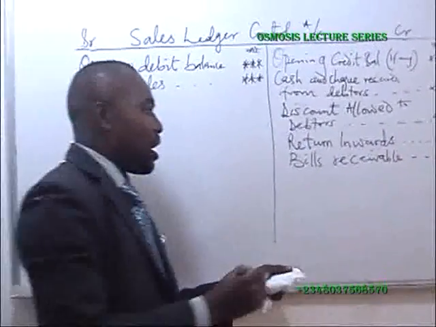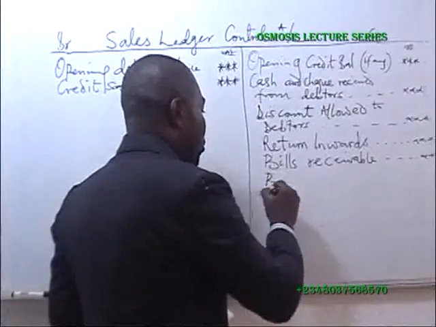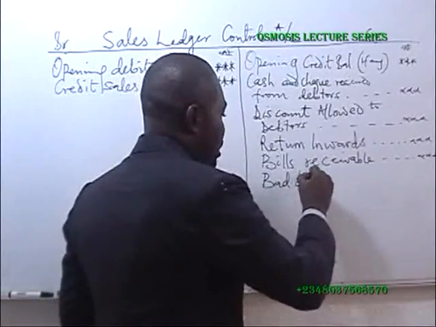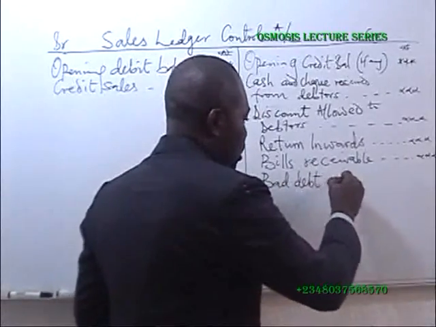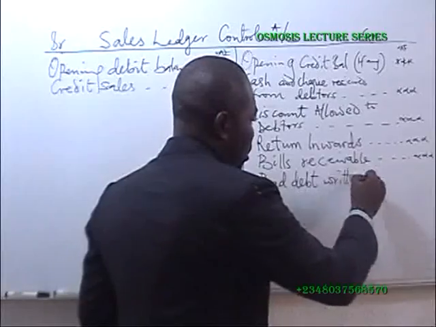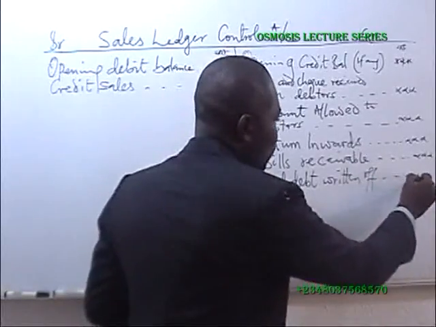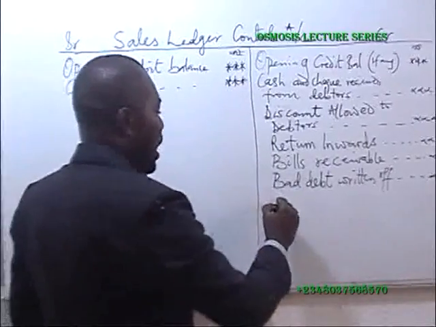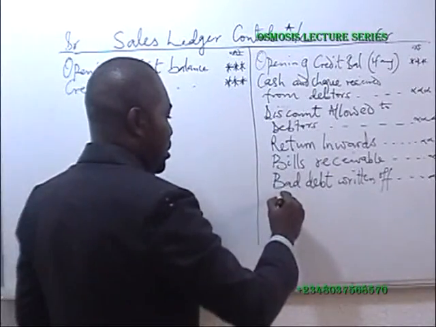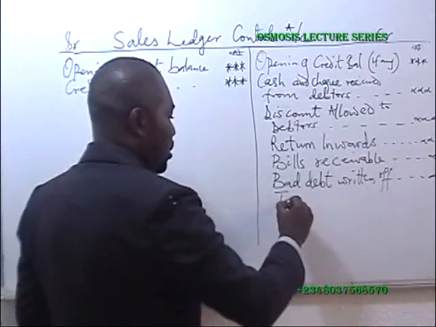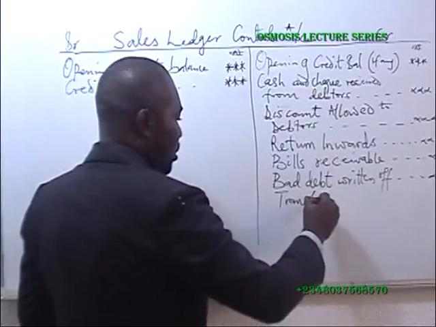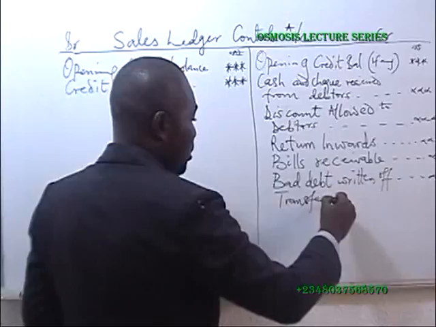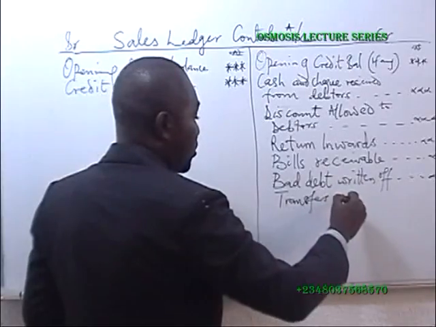Another thing you put down here is bad debt written off. Another thing you will see here is transfers or set off.